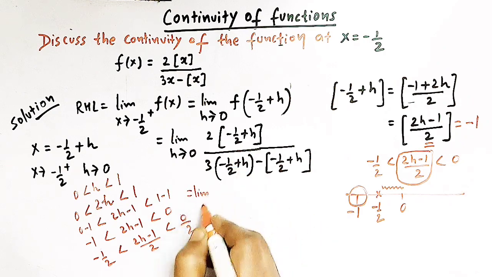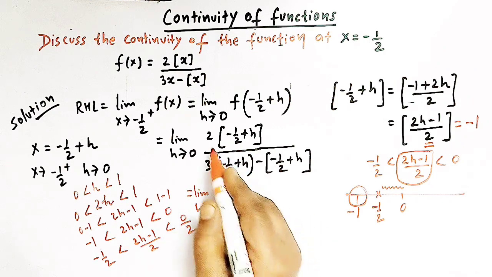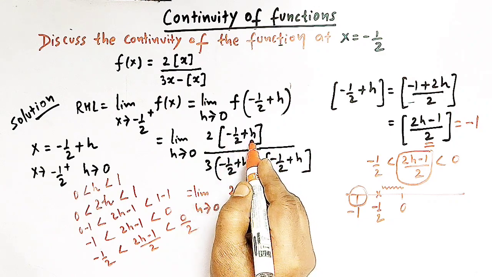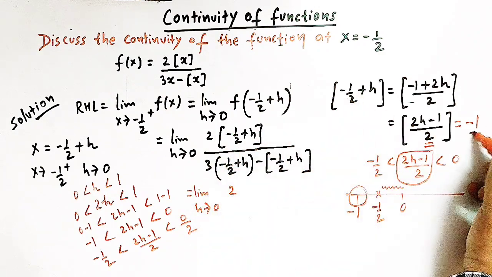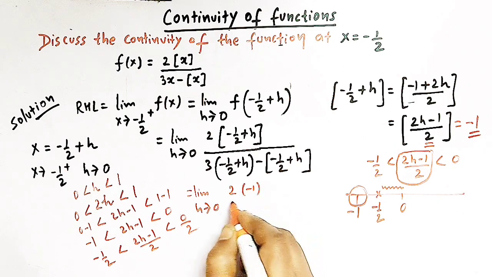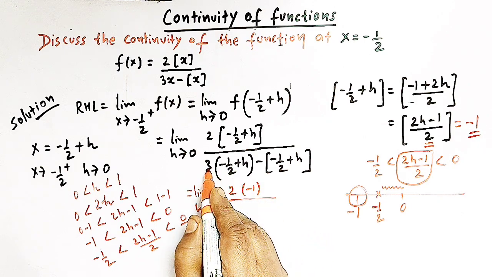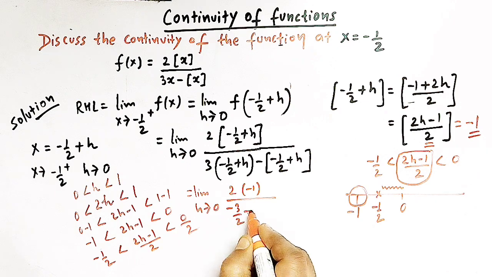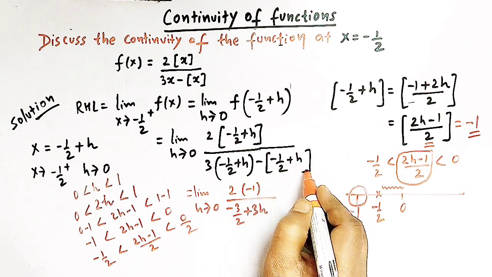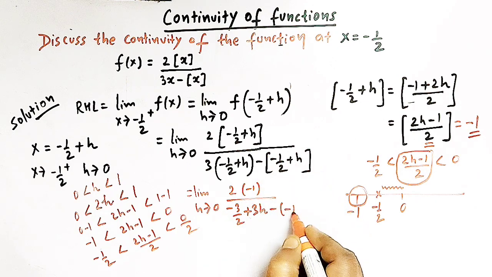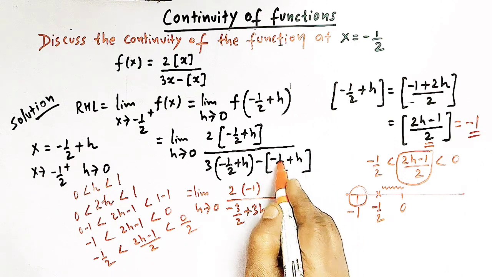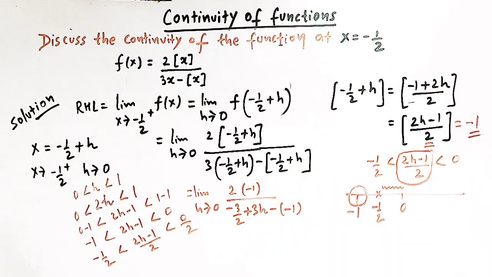So now we can easily compute the value of this limit. So we have limit h tends to 0, and we have 2 times greatest integer of minus half plus h, and that is equal to minus 1. So here we have minus 1, and here we have minus 3 over 2 plus 3h, and for this we have minus 1. The value of greatest integer of minus half plus h is minus 1. So now we have limit h tends to 0. This is minus 2, and here we have minus 3 by 2 plus 3h and plus 1.